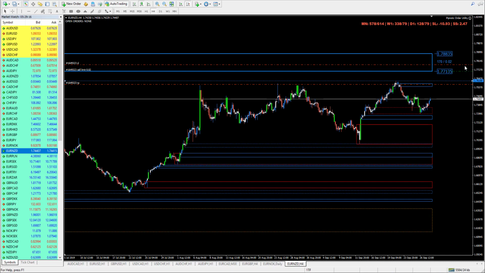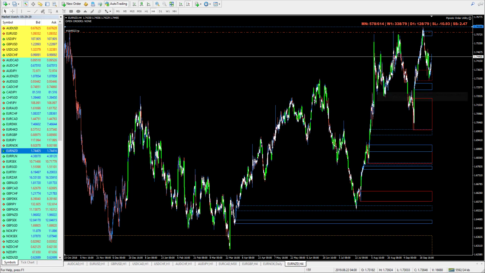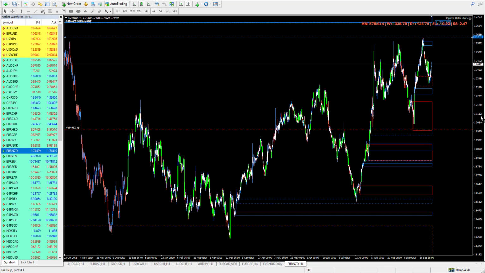And let that bad boy sit there for a while. $25 ish. So where is our target? Let's look. Okay, so we had this is already tested. You know, we could just move it down to here. We could move down to there. That was a really nice rejection. So we're probably going to have another bounce down there. So we'll leave it at that.